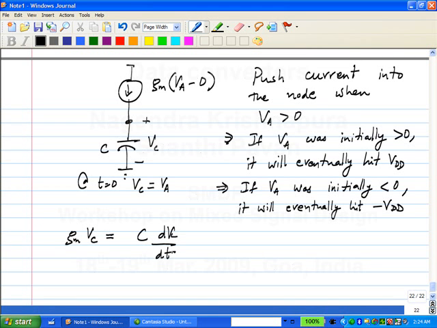The current flowing into the capacitor causes the voltage to go up. And if Vc is the voltage across the capacitor, C dV dt is the current flowing through the capacitor, and that must be equal to Gm times Vc. Does it make sense? Alright, which means that Vc is C by Gm dVc by dt.